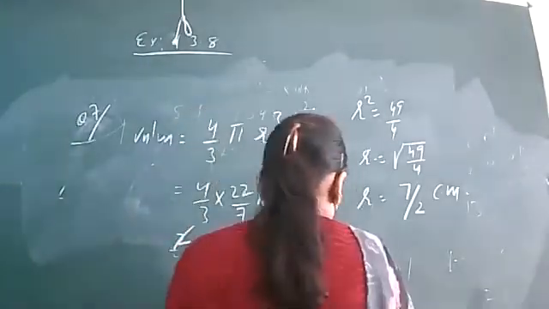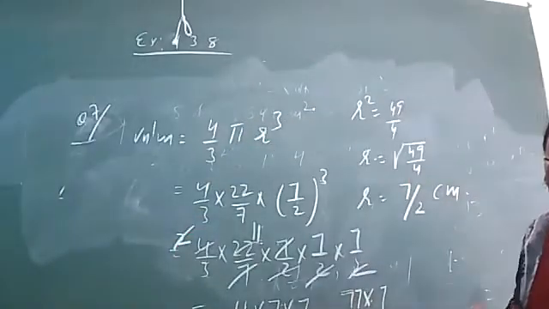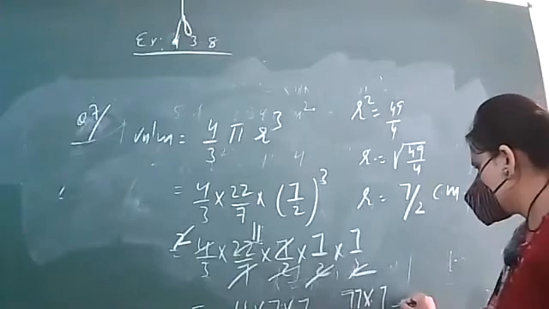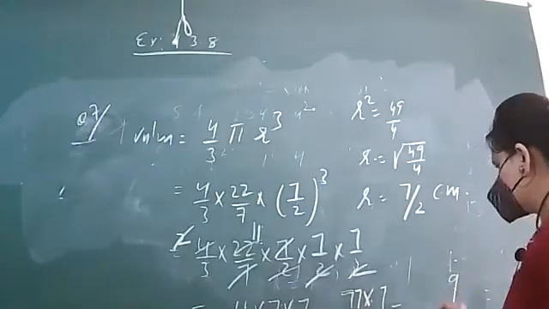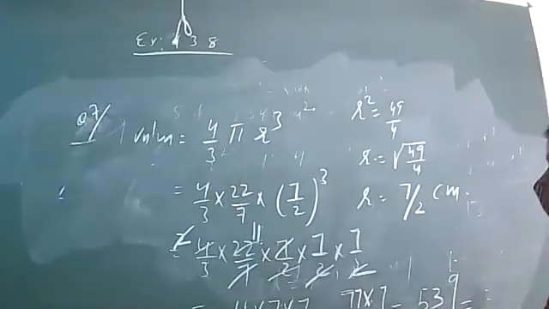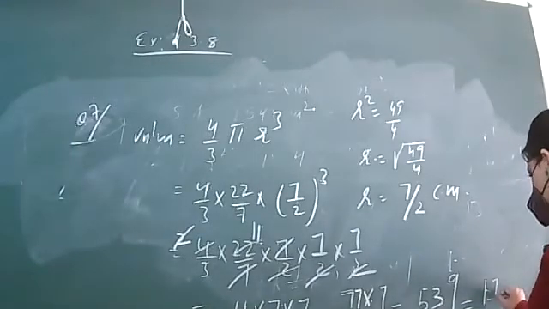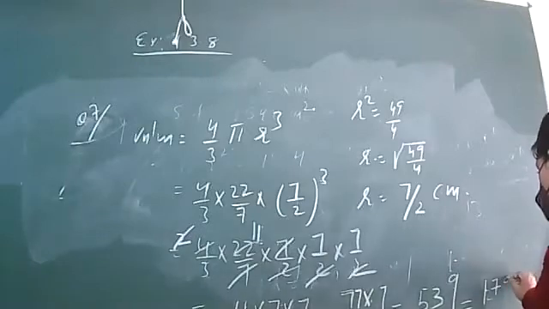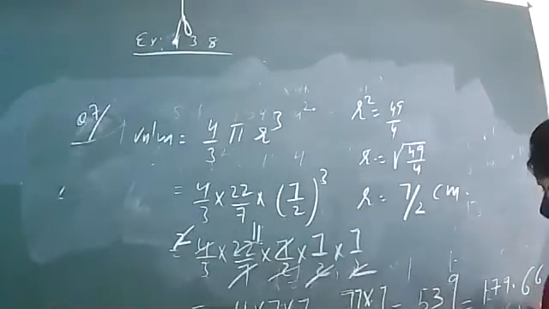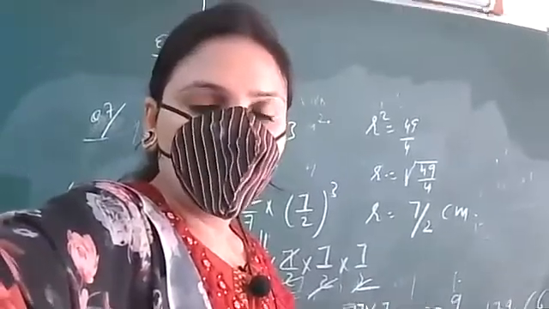So that is 77 over 3, which is further equal to 539 over 3, and that is approximately 179.66 centimeter cube, which will be the answer for the volume of the sphere.